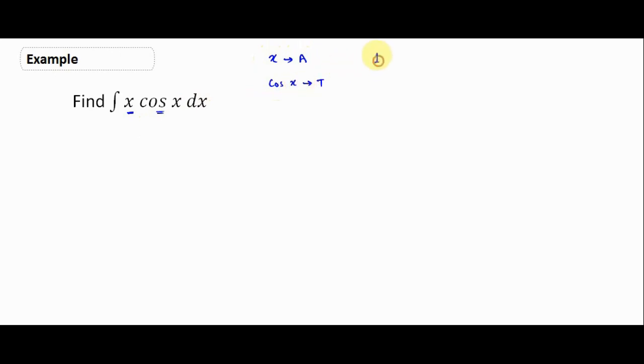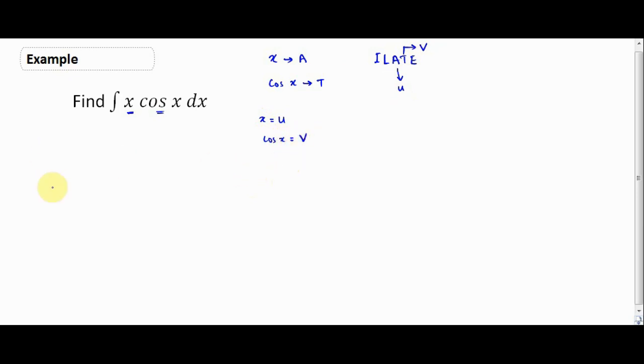So as per ILATE rule, the preference goes for algebraic function. So algebraic function has to be taken as u and the trigonometric function has to be taken as v. So x must be taken as u and cos x, the second function, has to be taken as v.